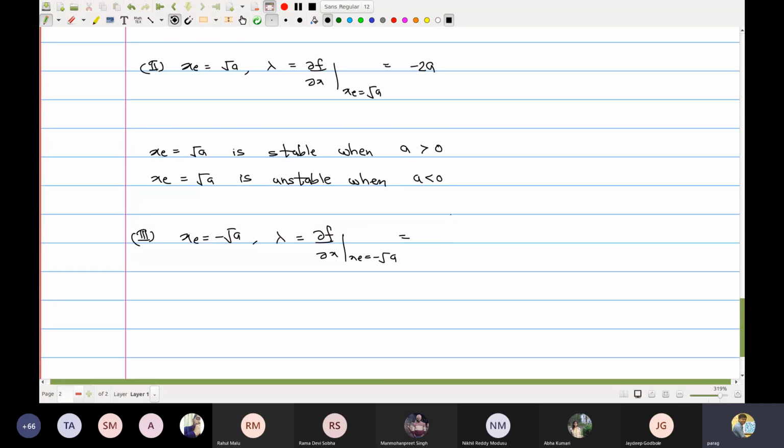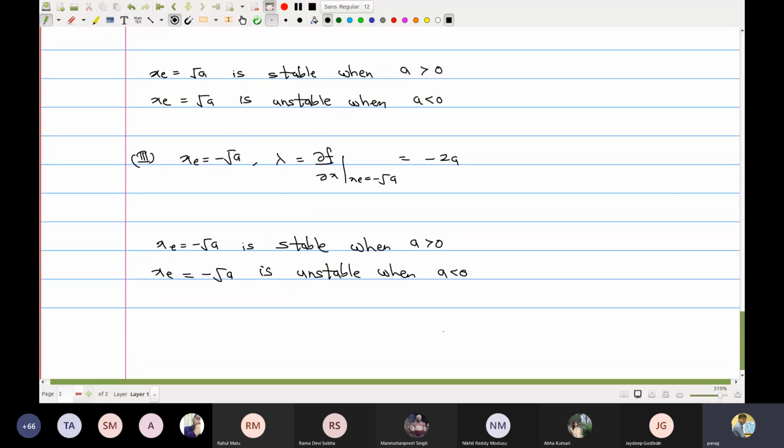So you will get the same answer, minus 2a. So then I can write xe equals minus root a is stable when a is greater than 0 and xe equal to minus root a is unstable when a is less than 0. Fine.